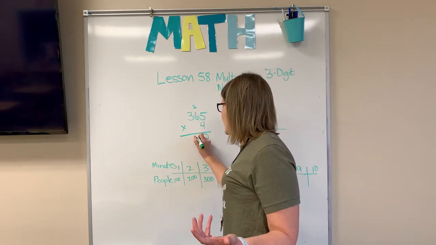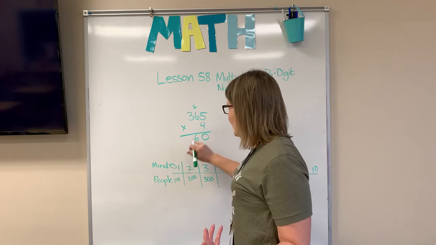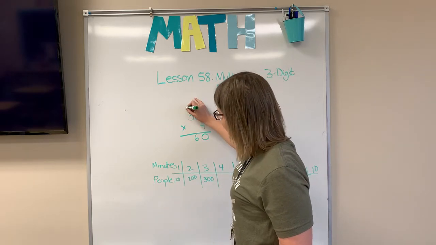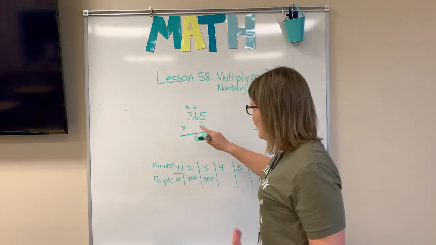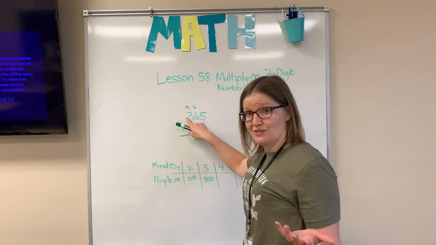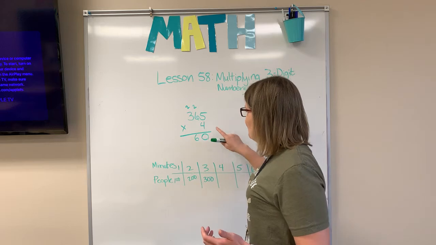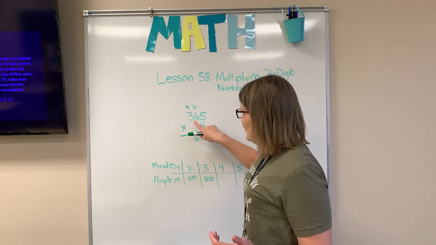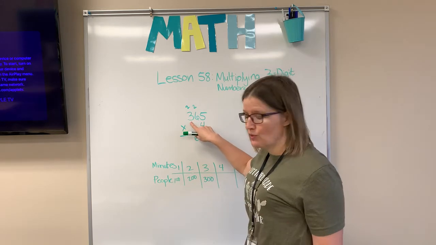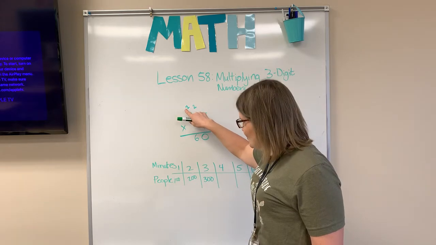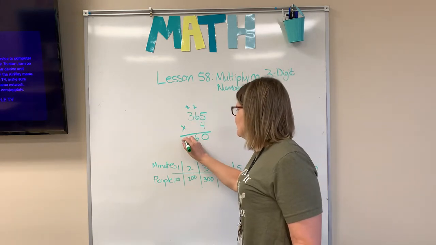I put the 6 from the 26 here, and I put our 2 up above the hundreds, which is where 3 is, in the hundreds column. So now I say 4 times 3 is 12, plus 2 is 14.